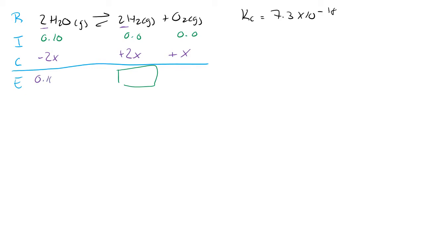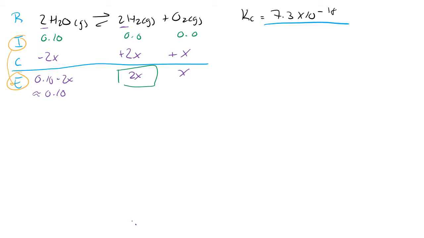You get 0.10 minus 2x, 2x, x. Now, due to this extremely small Kc value, we assume that our initial concentration is the equilibrium concentration because it is not measurable to the significant figures that we can do in lab. Therefore, we are going to assume 0.10 is the equilibrium concentration for water.